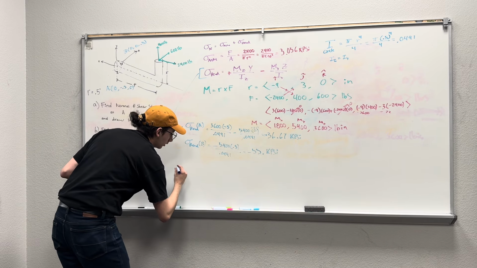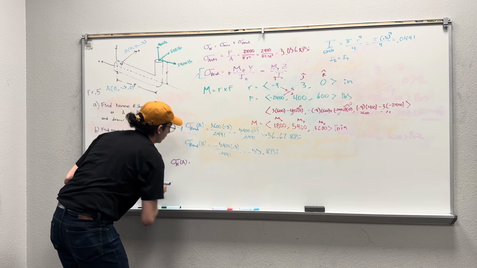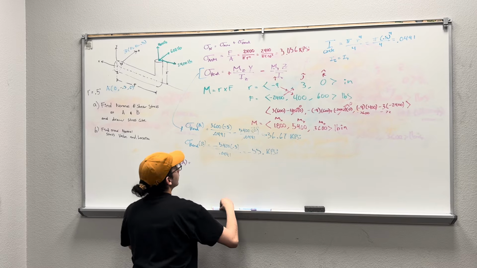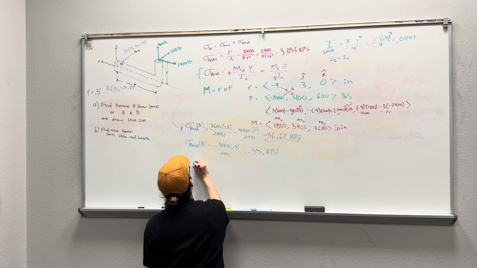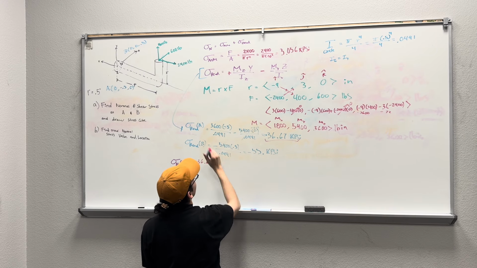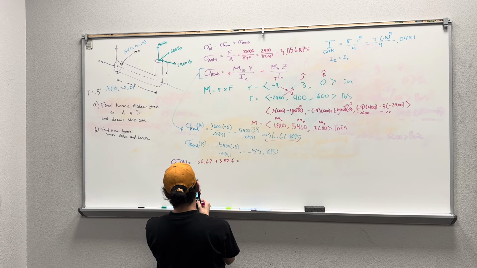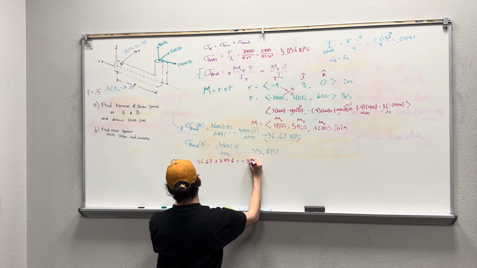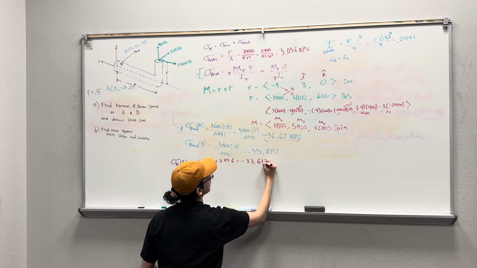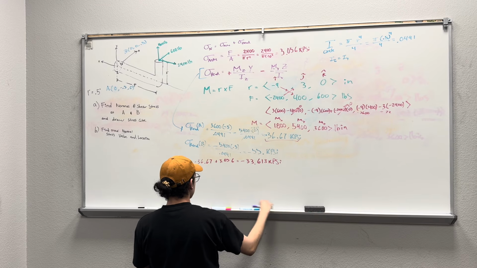I'm going to find out my normal at A is going to be that negative 36.67 from that bending, and from that axial I'm going to have that positive 3.056, which should give me negative 33.613 kpsi. Cool. Which is going to be compressive.